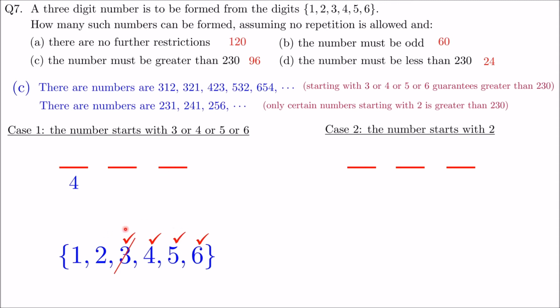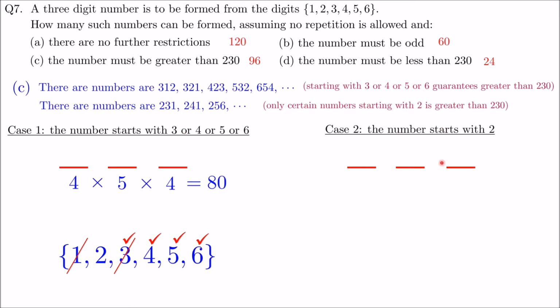So the numbers remaining, we're free to use any of them. So therefore there are 5 choices. Let's say when you made your second choice, you used up 1. So now you've got 4 remaining digits, 4 options for the last bit. We come to a count of 80 for this case.